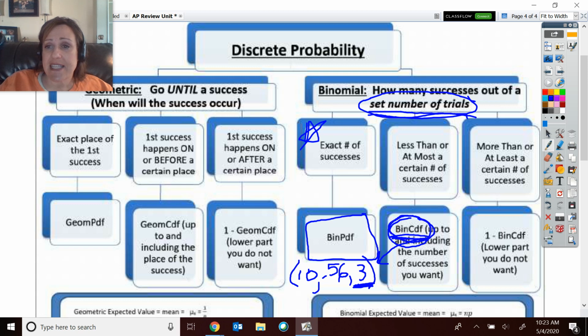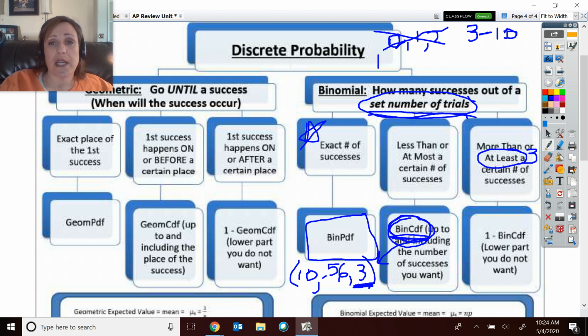So let's say I want at least 3 successes. Then that means I want 3 up to 10 successes. I want 3 up to 10. So then that means that I need to take off the accumulation, binomial CDF of the 0 successes, 1 success, and 2 successes.